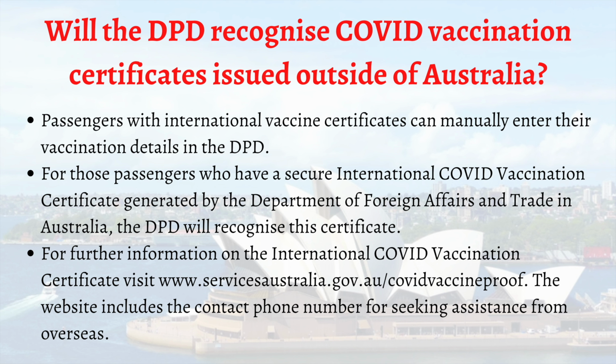For further information on the international COVID vaccination certificate, you can visit the serviceaustralia.gov.au COVID vaccine proof website, and I will place any of the links that I bring up in this video in the description box below. The website includes the contact number for seeking assistance from overseas. Yay! Because I know a lot of people did have trouble trying to find an overseas contact number. So there you go, there is one.